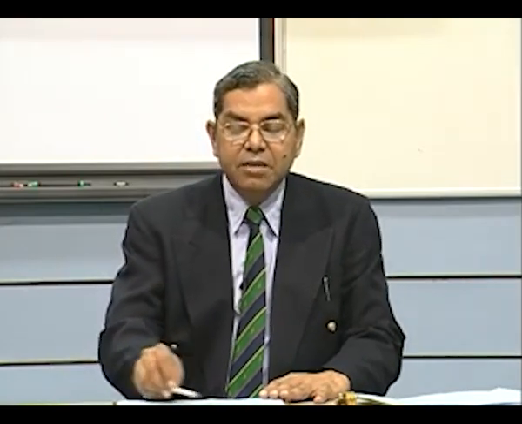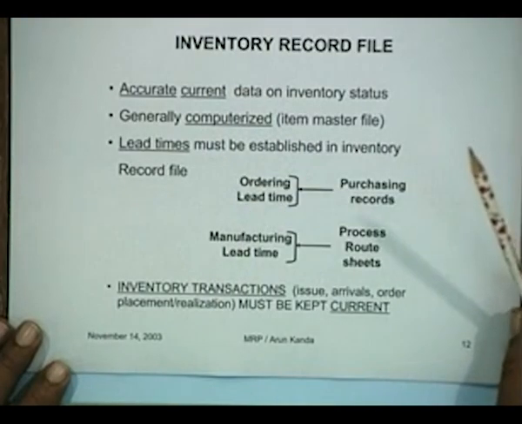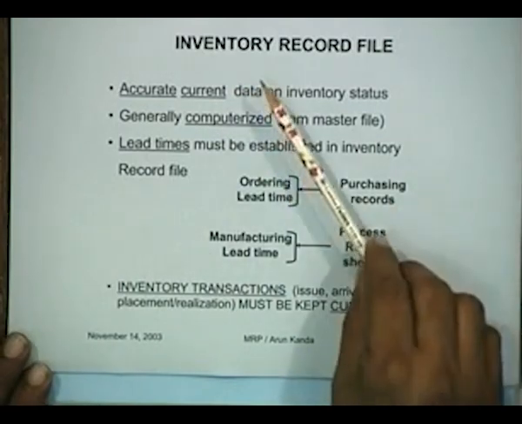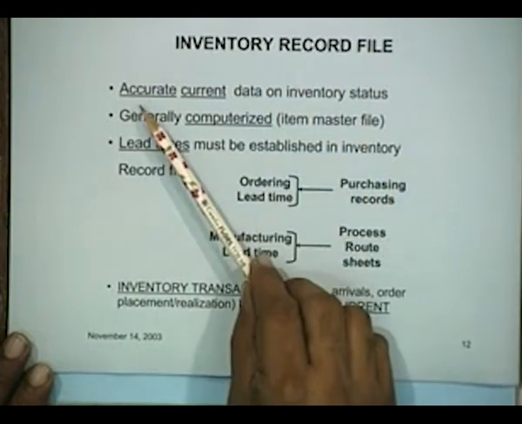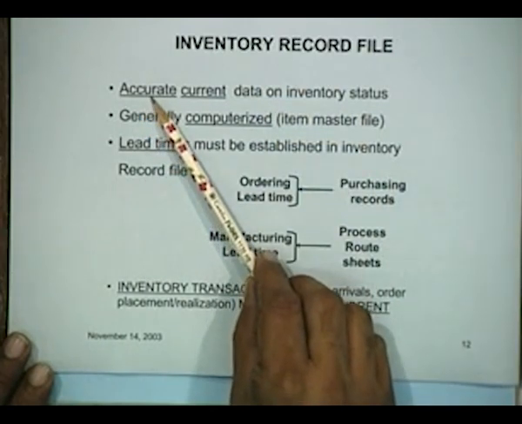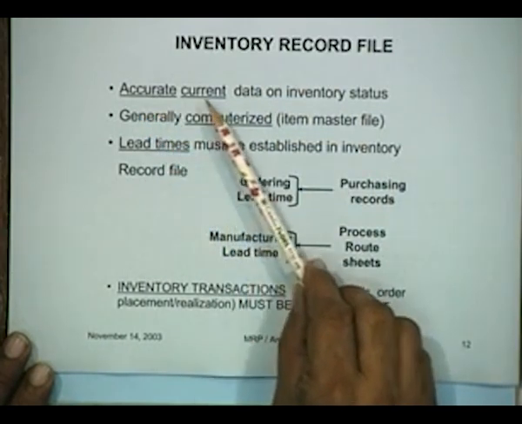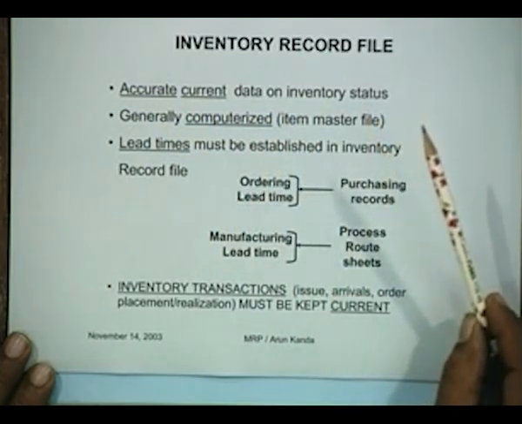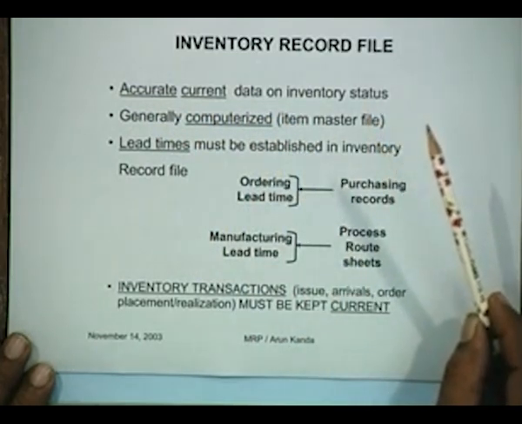Then the third major thing which we need to understand is the inventory record file, because these define the 3 major inputs to an MRP system. An inventory record file is important in the sense that it should give you accurate current data on inventory status. It should not have lags.